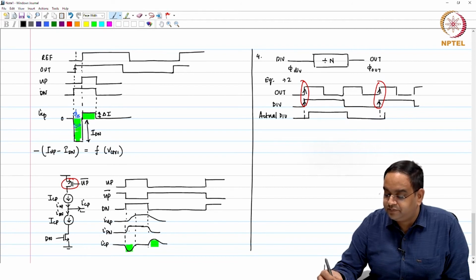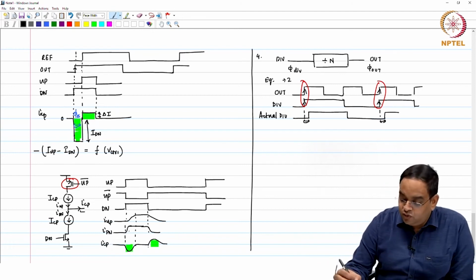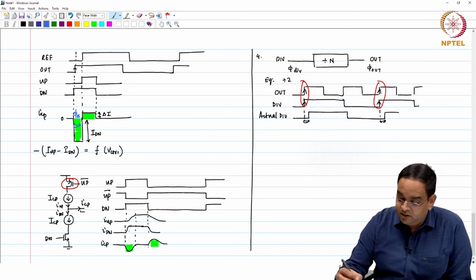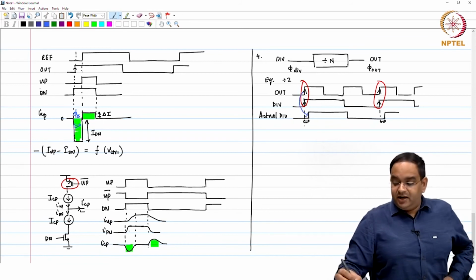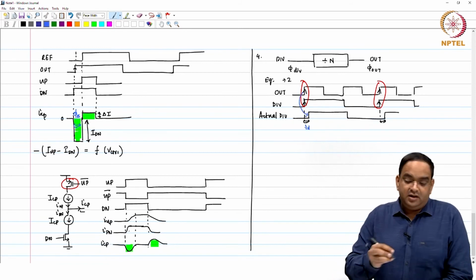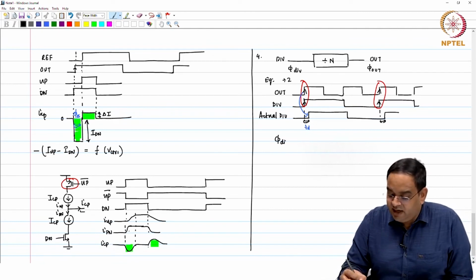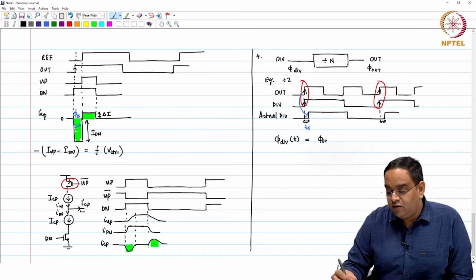Okay. This is slightly delayed. So, when the divided clock here is not coming at the same edge, but it is coming at a certain delay T d, I cannot write that my phi divided of t, the function here, as phi out t by 2.